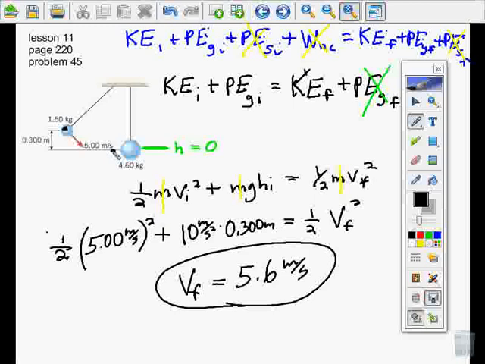You with me? Okay. So the next thing that goes on is an elastic collision. And anytime you have a collision, what's the first thing that should come to your mind? Momentum. Conservation of momentum.